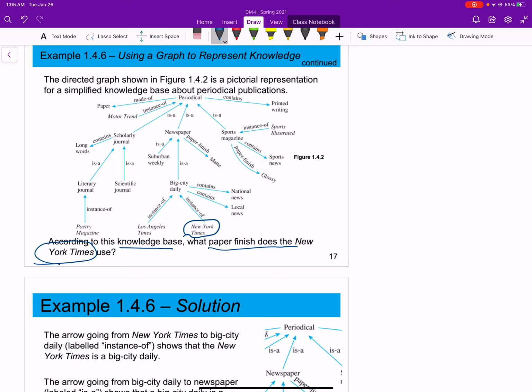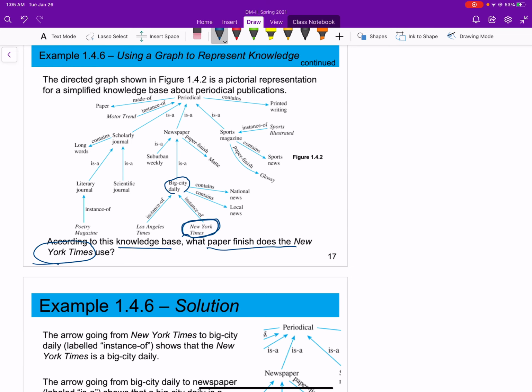So you have to go up. New York Times is an instance of Big City Daily. Okay, you start from here, you go up. That is called instance of Big City Daily, and from Big City Daily you go up. Is a newspaper. Big City Daily is a newspaper. Okay, the newspaper paper finish is matte.